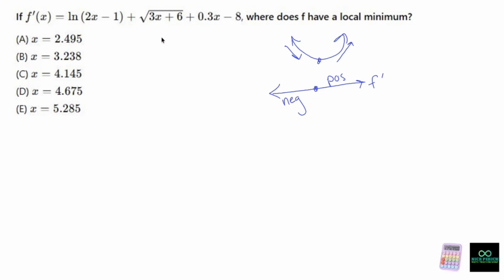We are going to find not only where it crosses the x-axis, but where it goes from negative to positive on the x-axis. Because if the derivative goes from negative to positive, that means the original goes from a negative slope decreasing all of a sudden to a 0 slope here, to increasing, therefore has a local minimum. So let's run to our calculator, type that all in, find our 0, and see which one we get.